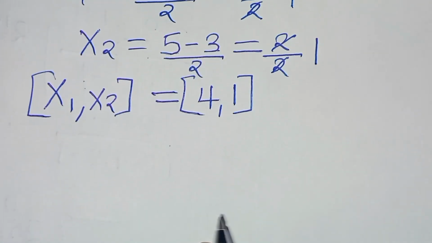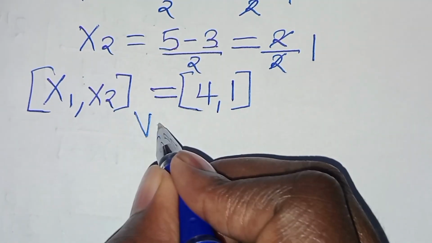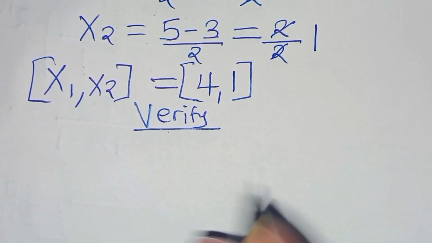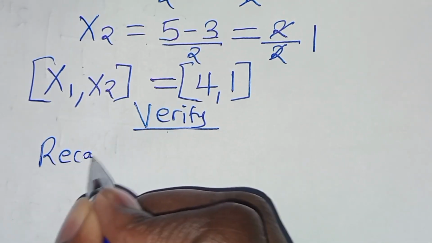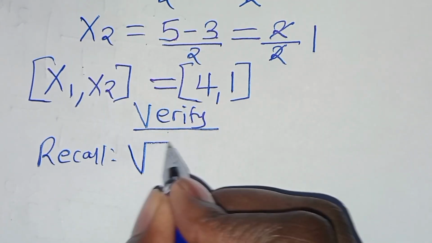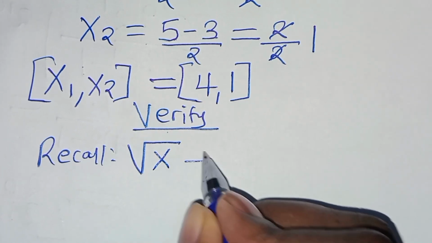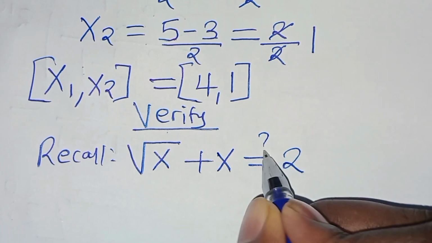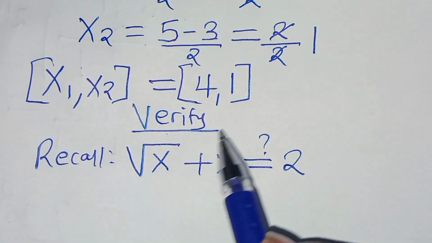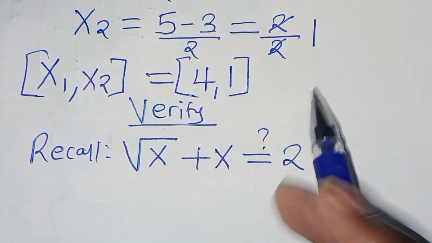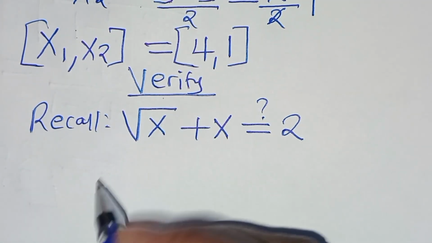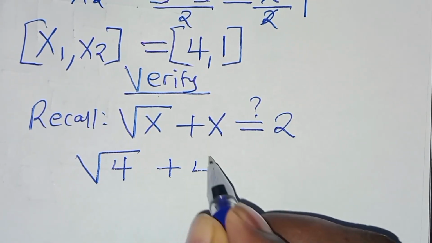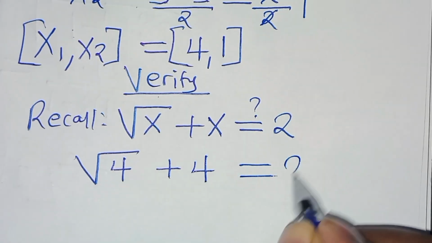The next step is to verify. If you recall, the square root of x plus x is supposed to give us a value of 2. Let's start with x1, which is equal to 4. Let's substitute 4, so we have the square root of 4 plus 4, which is supposed to give us a value of 2.